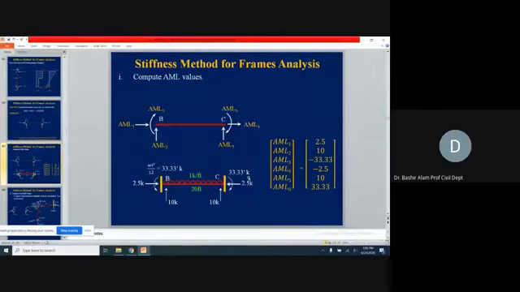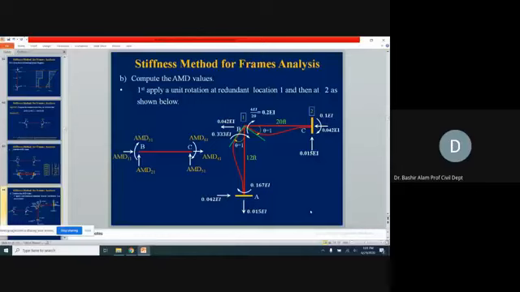We get those values from where we generated the ADL matrix. Corresponding to AML1, we have plus 2.5. AML2 is 10. AML3 is in the opposite direction, so minus 33.33. AML4 is minus 2.5, AML5 is 10, and AML6 is in the same direction, so plus 33.33.